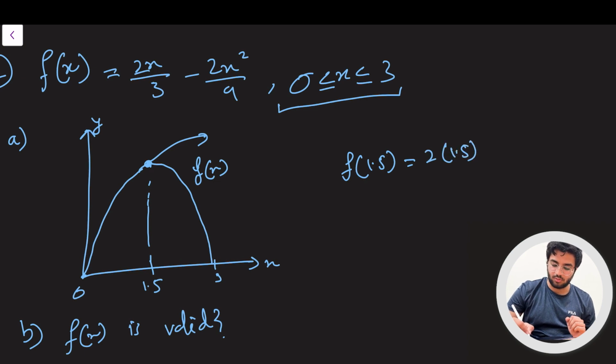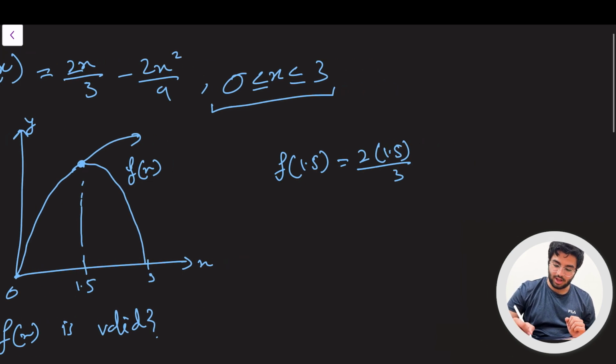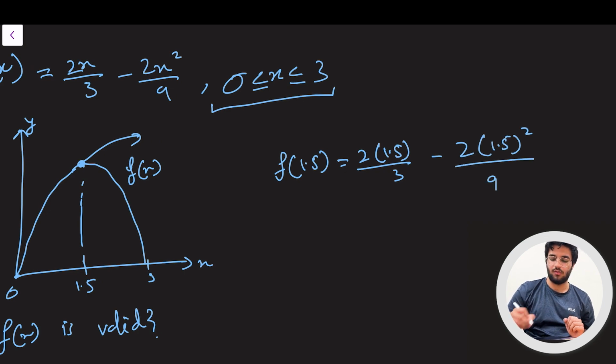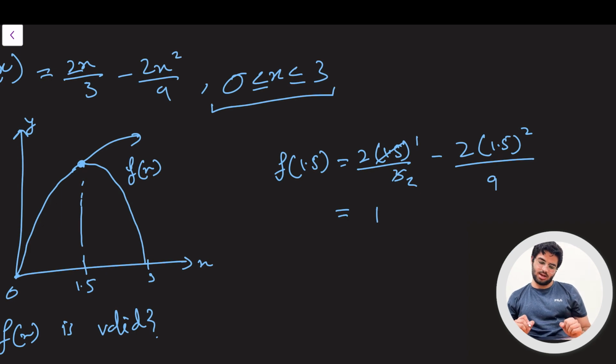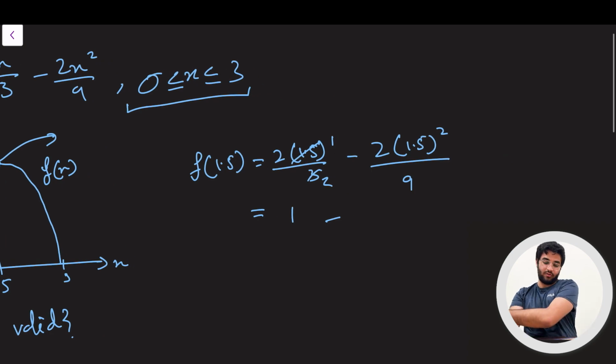That is 2 times 1.5 all over 3, take 2 times 1.5 squared all over 9, all right? If you just quickly calculate that, that becomes 1 over 2.